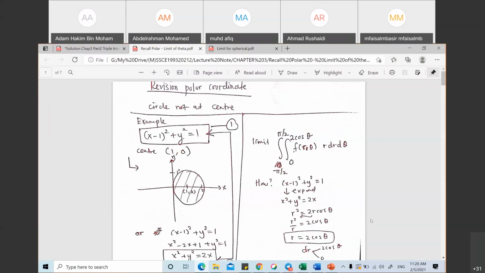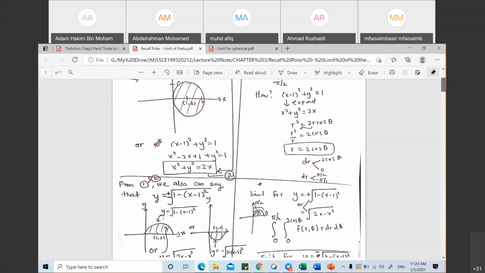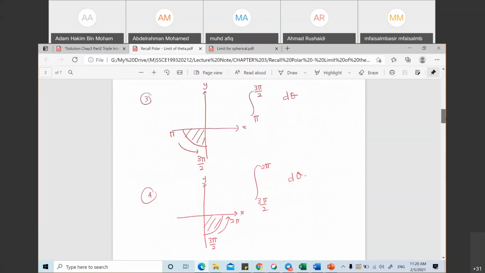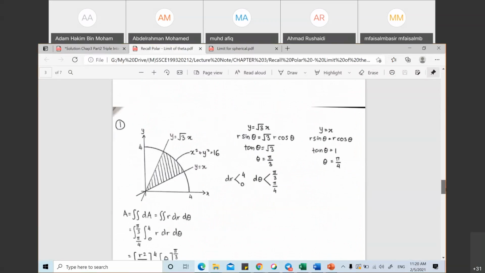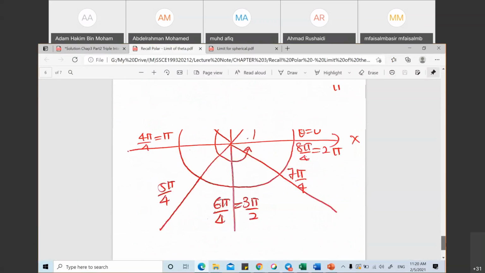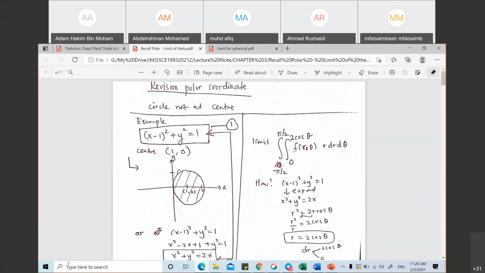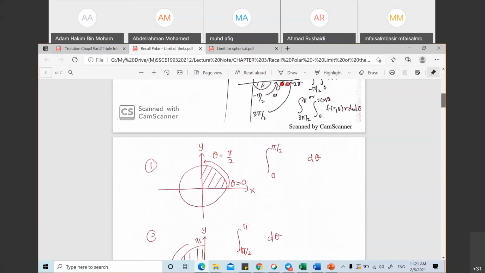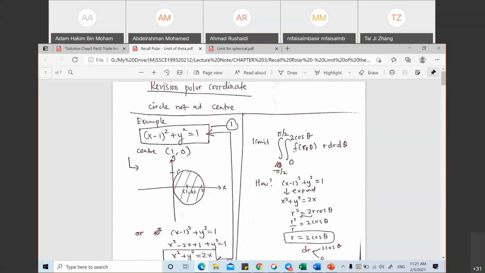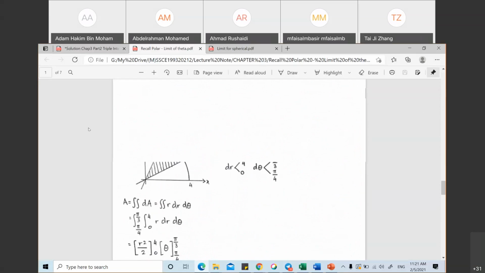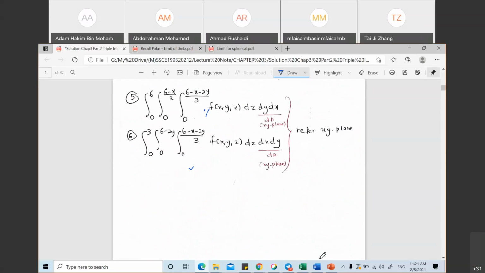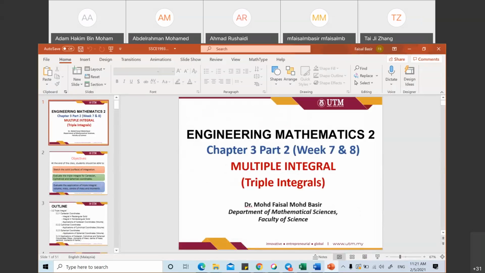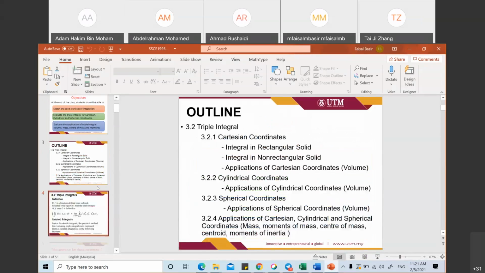Okay, and did I teach this for the polar coordinate? Did I teach you this before? Hello? Not yet, Doctor. This is not yet. Okay, so I will come back to this later. So where did we stop?